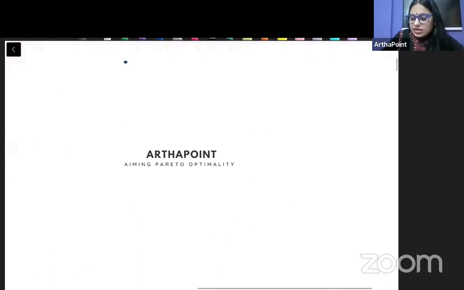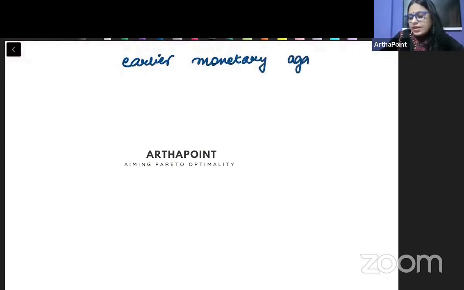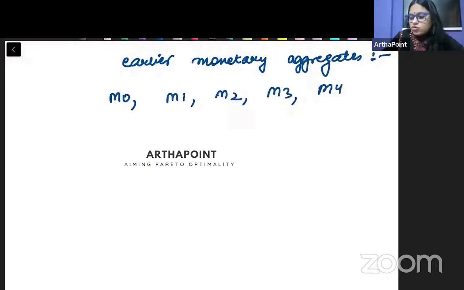See, earlier we had the monetary aggregates. जो हमारे पुराने monetary aggregates होते थे, those monetary aggregates were called M0, M1, M2 and M3, M4 also.